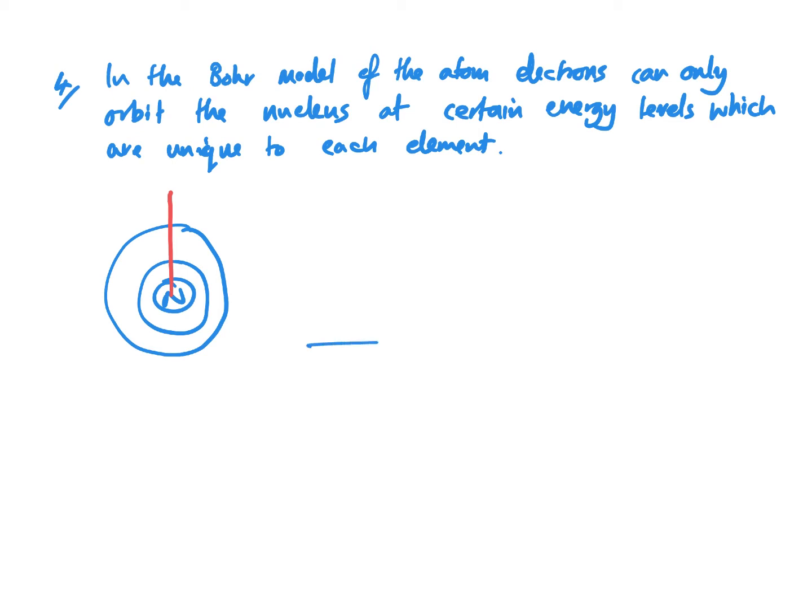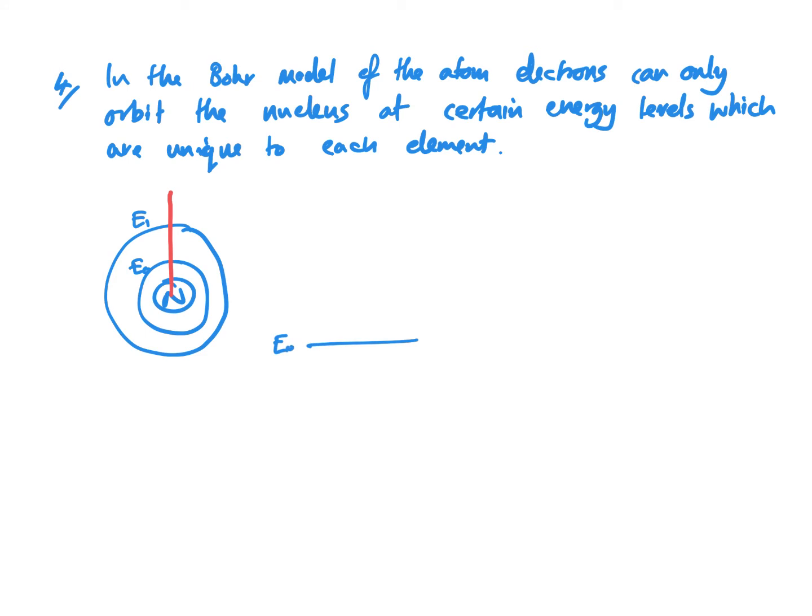So the energy levels are drawn just showing the first energy level, so that might be that one there, and it's usually labelled as E0, sometimes with a W, sometimes with an E. And then the next one after that is E1, and then we work our way out from the nucleus.